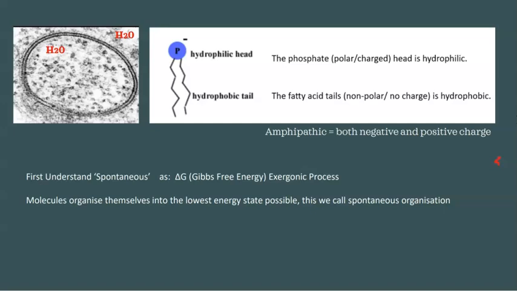And what we also find is that the so-called cell membrane, illustrated here by this double layer that we can see here, is often a barrier between two types of solution: the extracellular fluid, the external environment, and the internal cytoplasmic fluid, both of which heavily feature the presence of H2O, water.